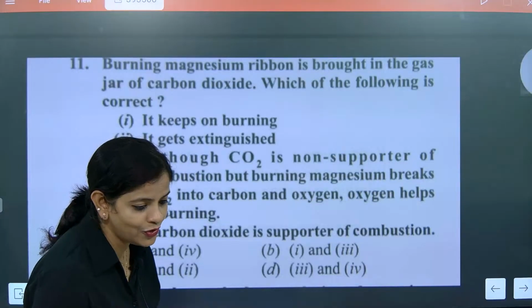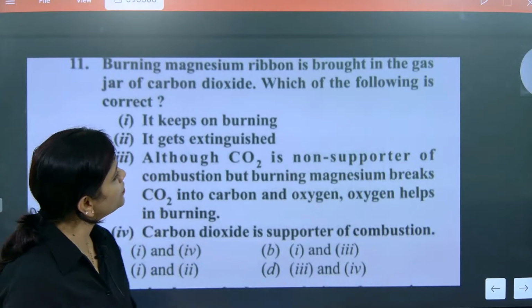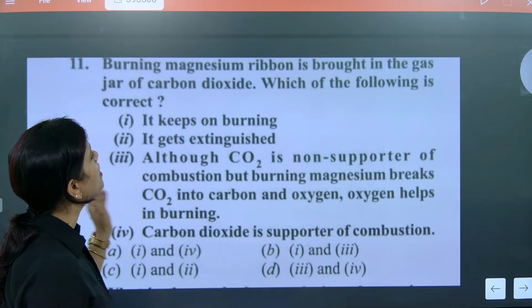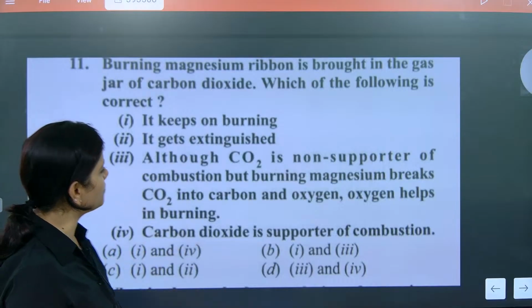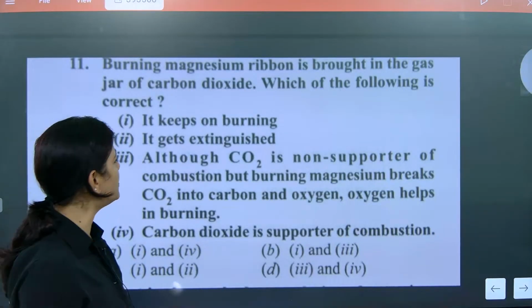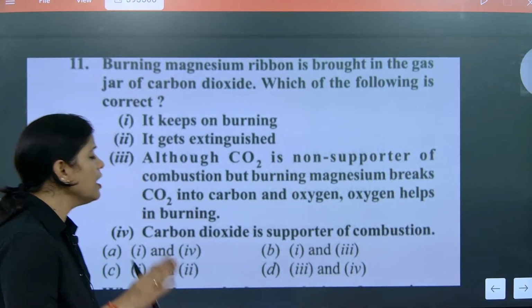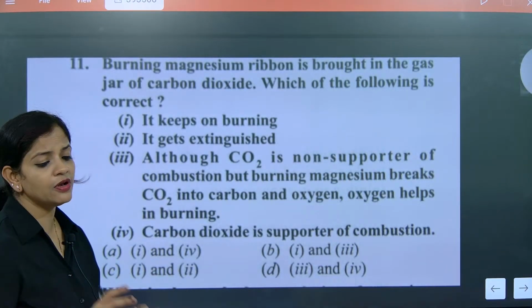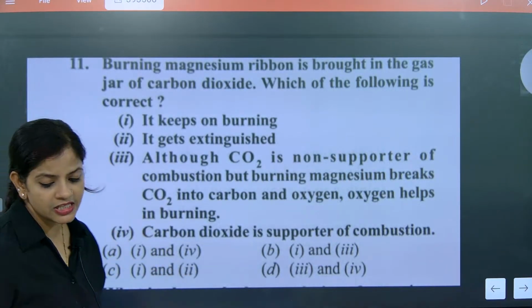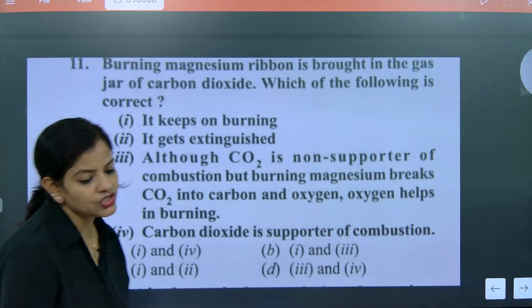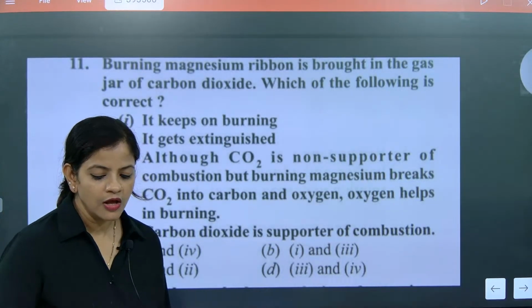Listen very carefully. When a burning magnesium ribbon is brought in the gas jar of carbon dioxide, though carbon dioxide is not going to support combustion, burning magnesium ribbon will be breaking it. So can I write one reaction? It will definitely clear out the concept.